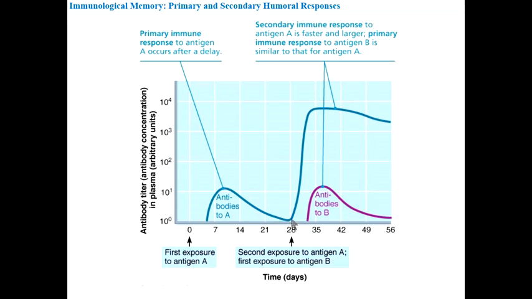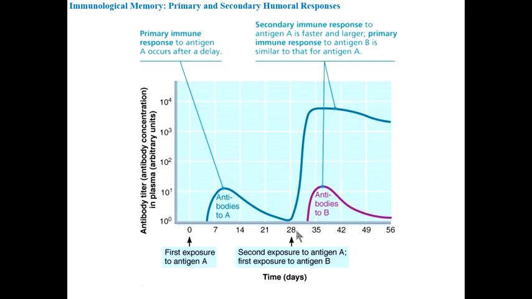Upon second exposure, it doesn't take 7 days. We can see within a few days we're already mounting this huge attack of antibodies, and way more antibodies than we did during the first exposure. So we're better able to respond to the infection and deal with the infection upon subsequent exposures.